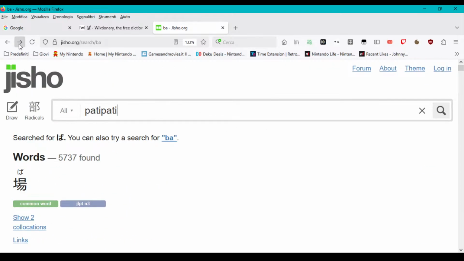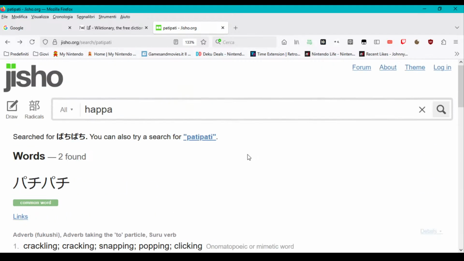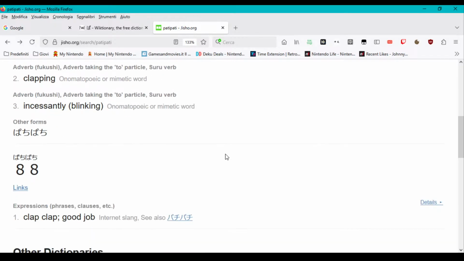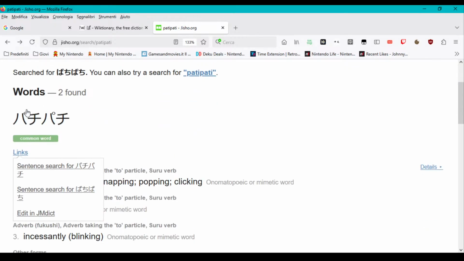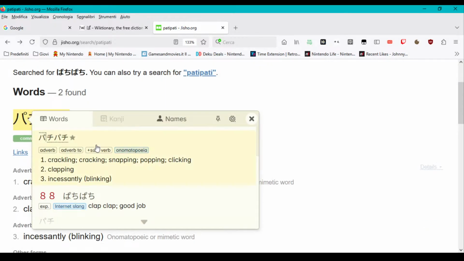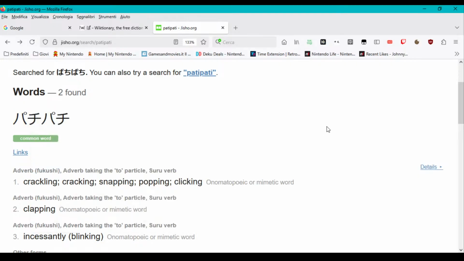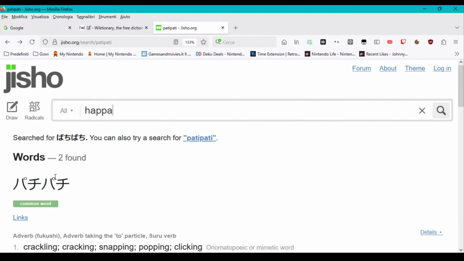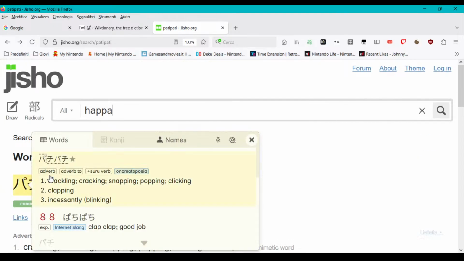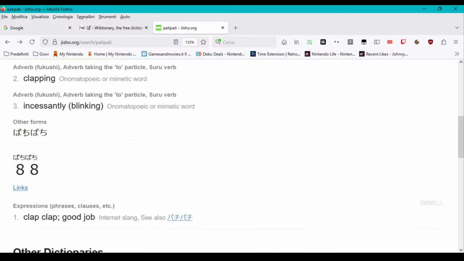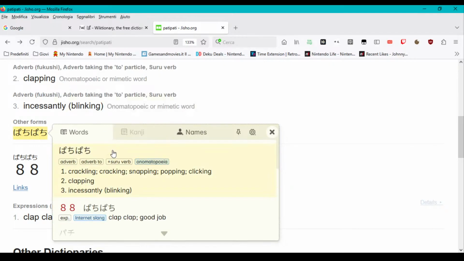Okay, let's see a word with... Never mind that in this case it's because usually onomatopoeias are written with katakana, but you might find it sometimes also with hiragana.